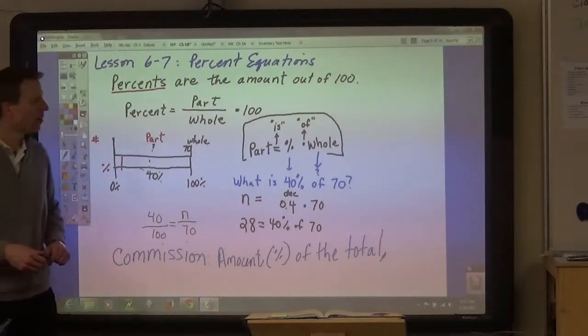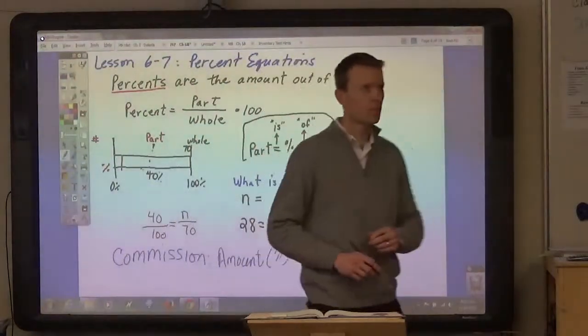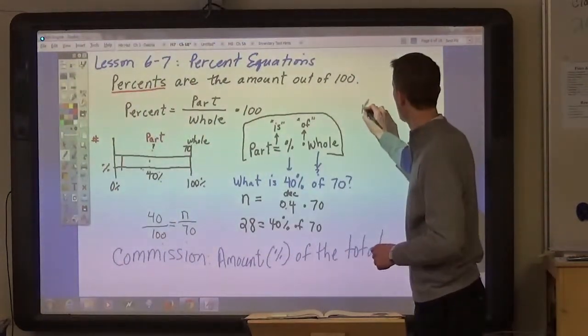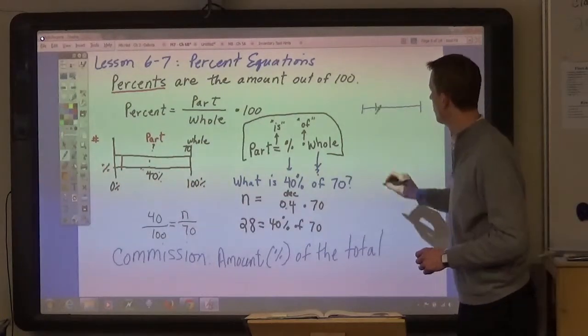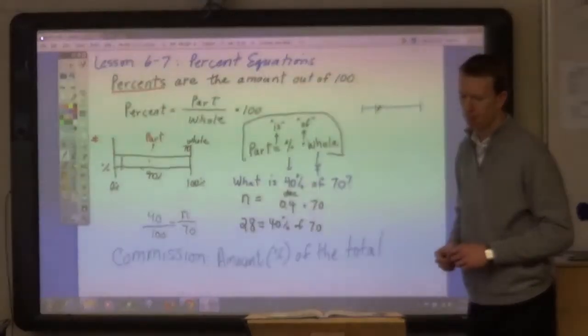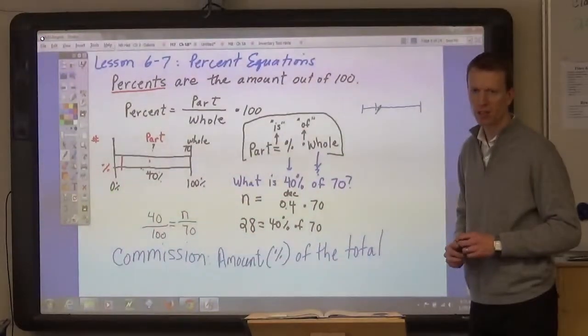Put that on a model. What is the part and what is the whole? What is given in this one? 16%.